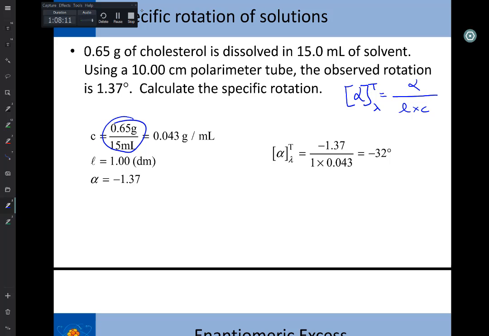So if the light is rotating clockwise and you have to turn it to the right to black it out, that's the plus. If it's going counterclockwise, you have to turn it left to black it out, then that's the negative. And like I said, if you have that, then you know the enantiomer of that molecule has to go the other way, because the mirror images rotate light the same magnitude, just opposite directions.